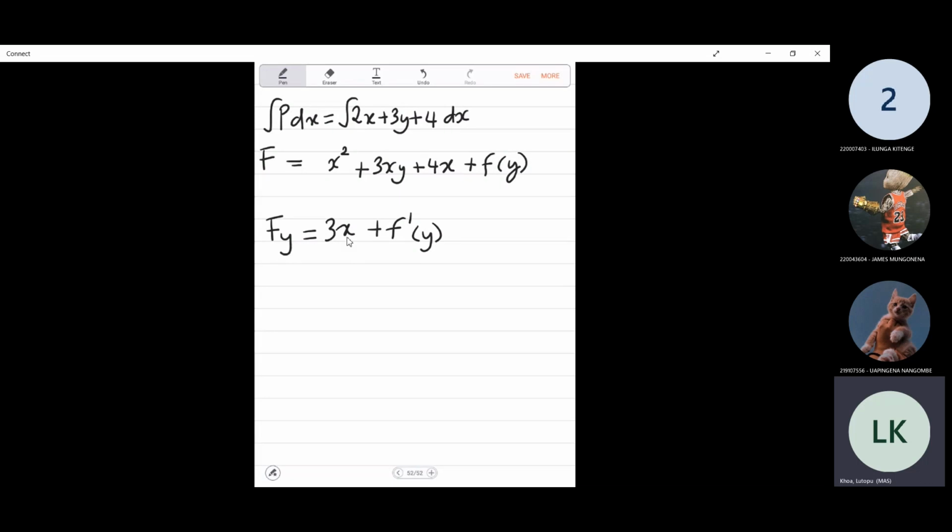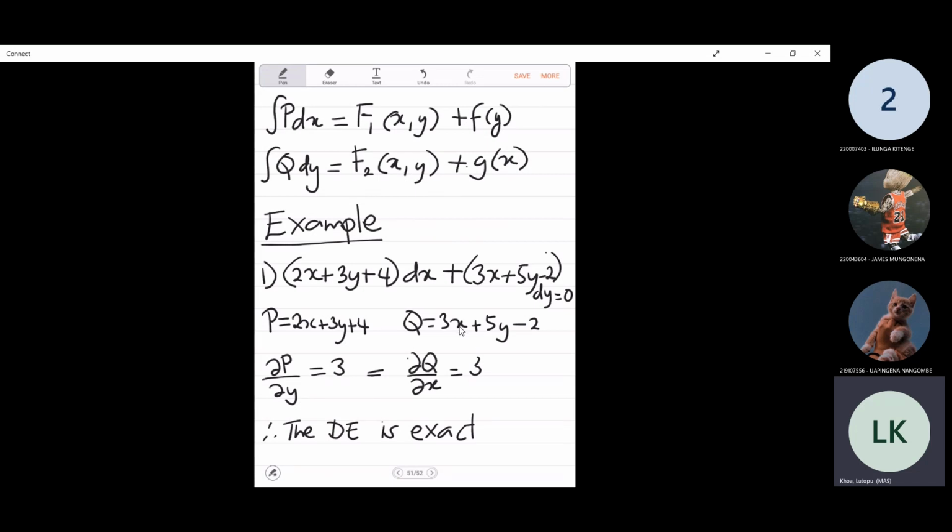And we said when you differentiate this, it must be equal to your q from the question. So what is q? Go back, q is here, it's 3x plus 5y minus 2.